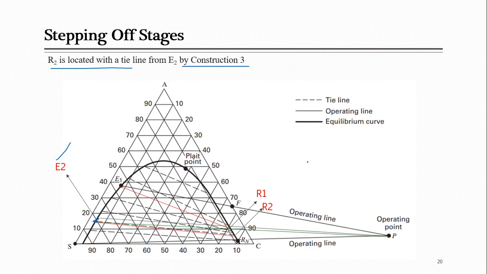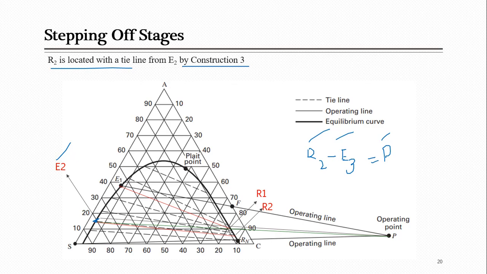There will be some pair again, and that pair will contain R2 minus E3, they will be equal to P, so R2, E3 and P will be located on the same line. And you have 2 of these points in your diagram already: R2 is there and P is there.